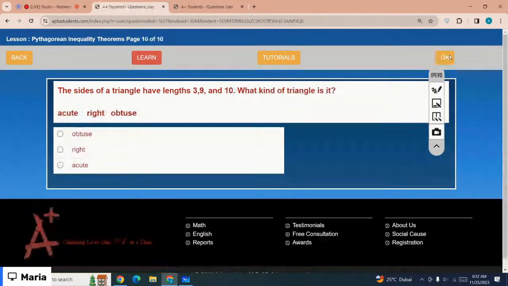The sides of a triangle are 3, 9, and 10. What kind of triangle is it?